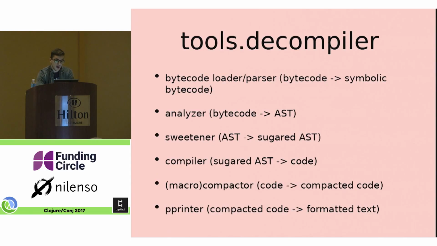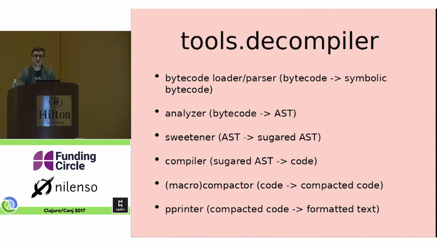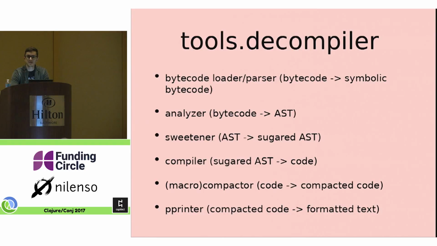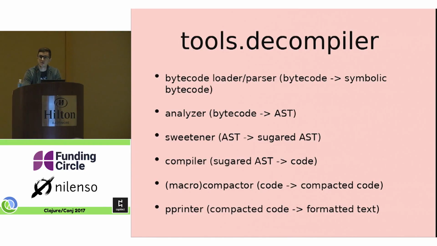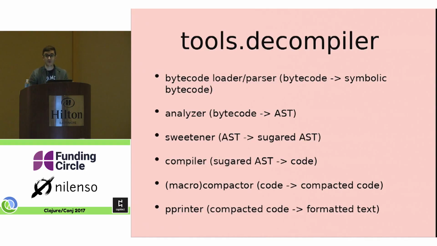So with that in mind, the architecture of the decompiler is this. We have a bit more phases than what I previously described, but it's pretty similar. So we have initially a bytecode loader, which takes a byte buffer or a byte array that represents bytecode and returns the same bytecode in a symbolic form so that we can manipulate it as if it was data.